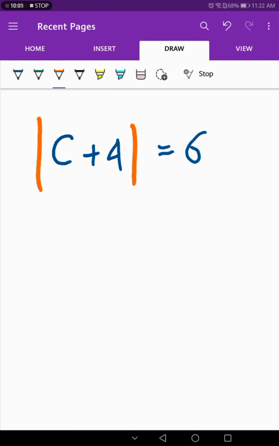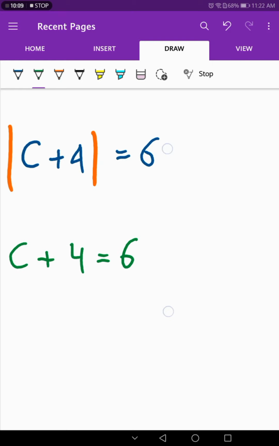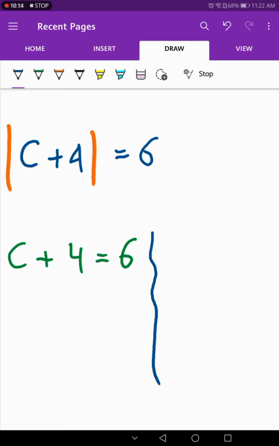So c plus 4 equals 6, or c plus 4 equals negative 6. In this way, I break the bars, the absolute value.